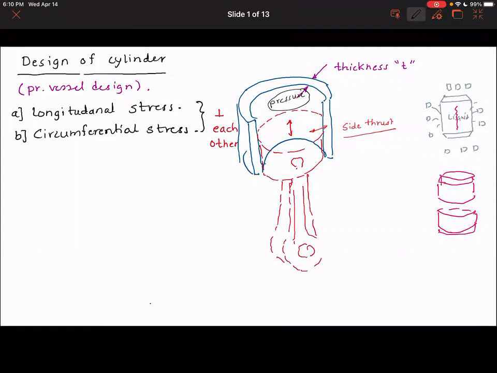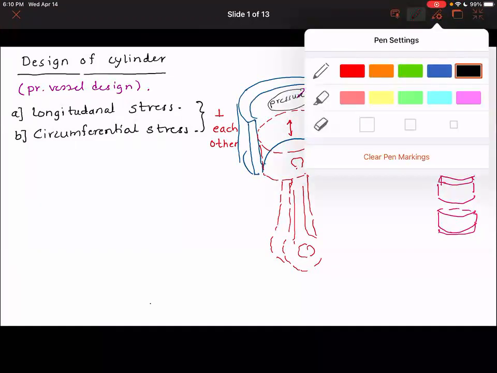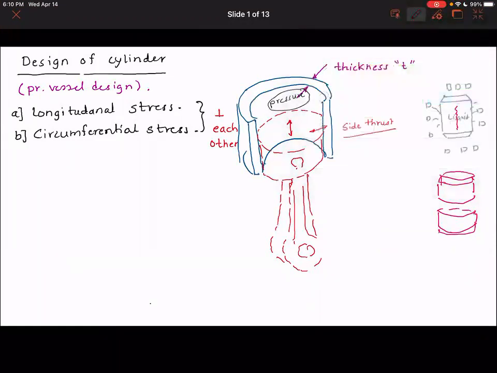So I'm going to say P is the maximum pressure inside the cylinder. And I'm going to say DO is the outside diameter of the cylinder. D is the inside diameter of the cylinder.